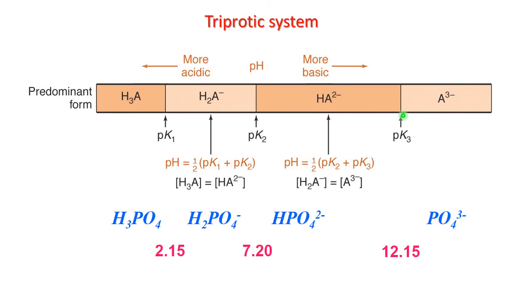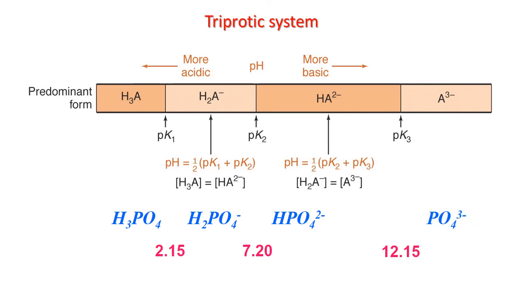And then we come to pK3, where concentrations of hydrogen phosphate and phosphate ions are equal. And this is a very high pH, 12.15. Above this, the predominant form will be pure phosphate, PO4 3 minus, no protons left.